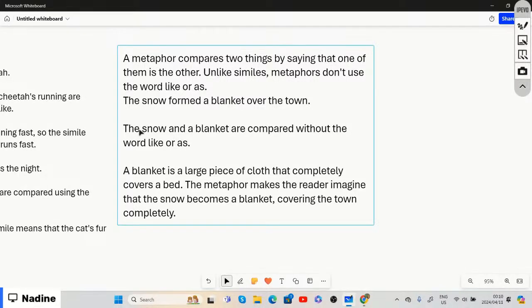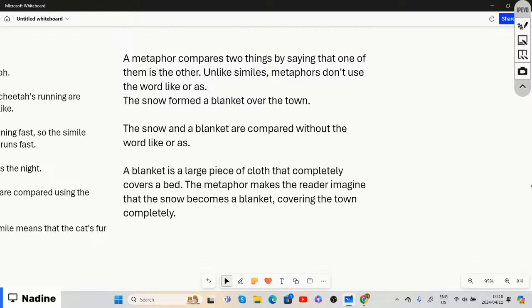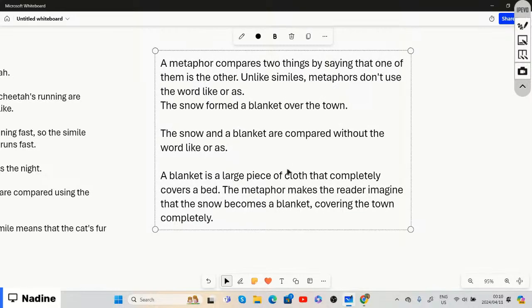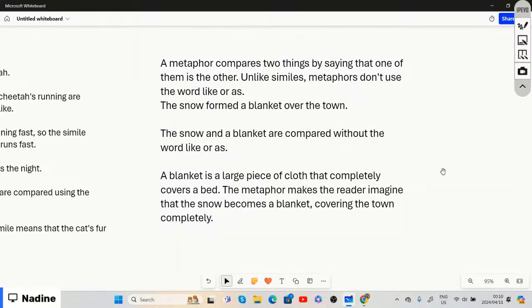All right. So we said a metaphor compares two things by saying that one of them is the other.